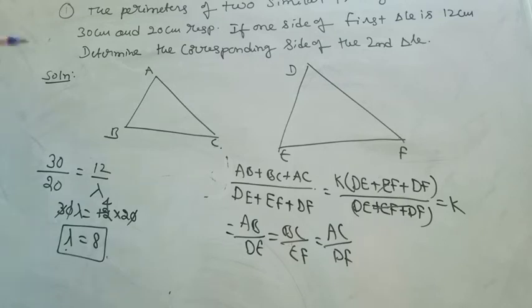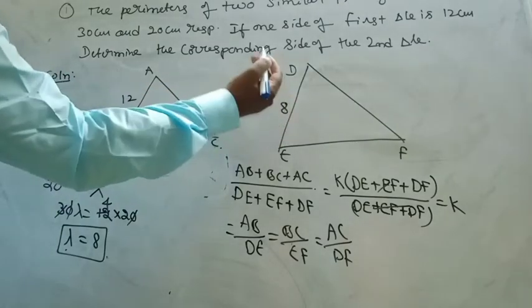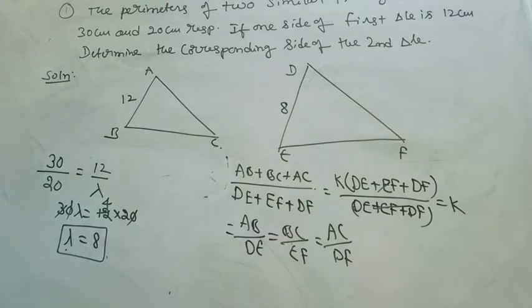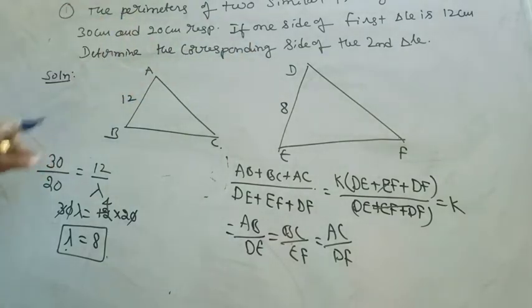If one side is 12, then the corresponding side of the other triangle is 8. These figures I have drawn only for our understanding, not to scale. Now we have the second problem, which is Exercise 8.2, problem two.